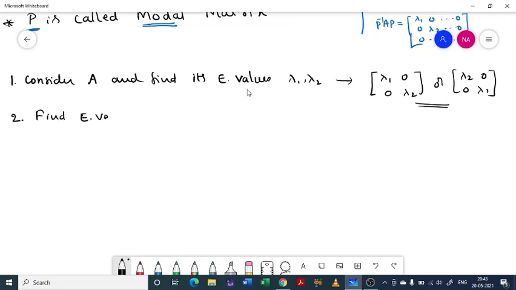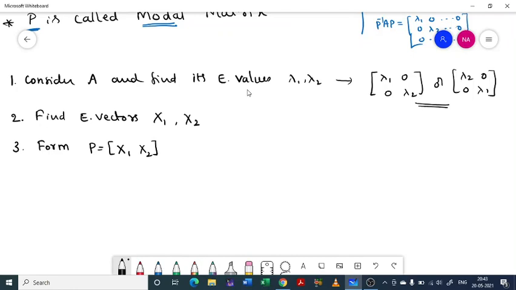Corresponding to lambda 1 we will have x1, corresponding to lambda 2 you will have x2.